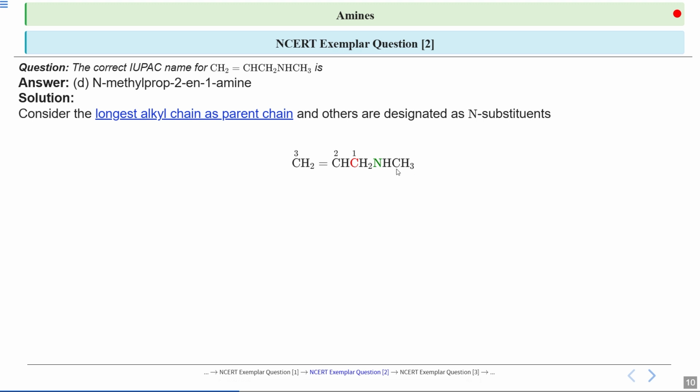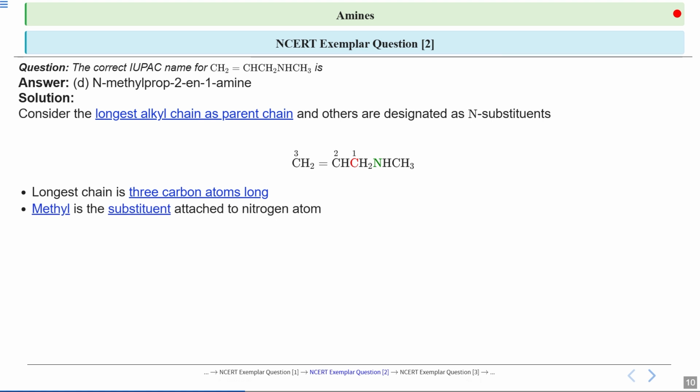You will see this methyl is directly attached to this nitrogen. So our longest chain is 3 carbon atoms long, so the root word will be prop. And whenever we are naming an amine, we replace the e of propene because there is a double bond. So we replace the e with amine.